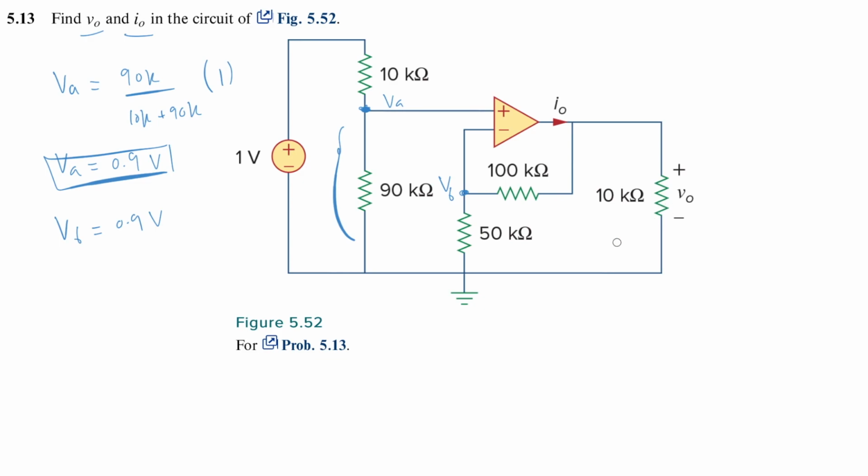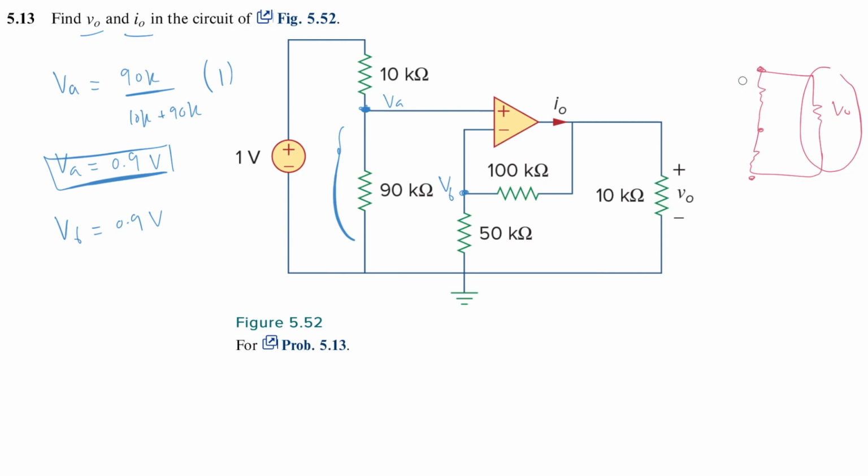You can also find VB in terms of what? In terms of V naught. Look at this circuit right here. What is it? It's the V naught. And then you have two resistors. So if I know the voltage here, it should be the voltage here, right?